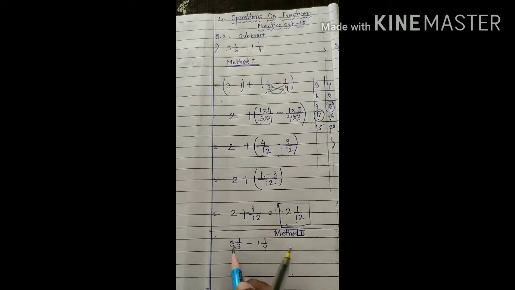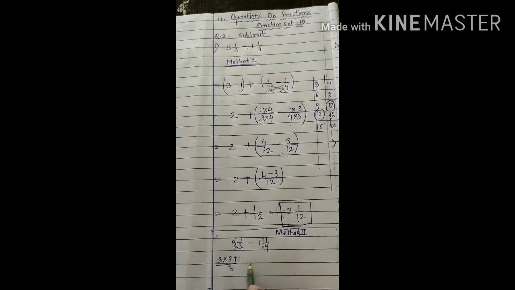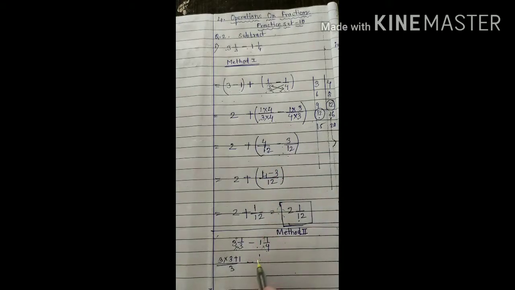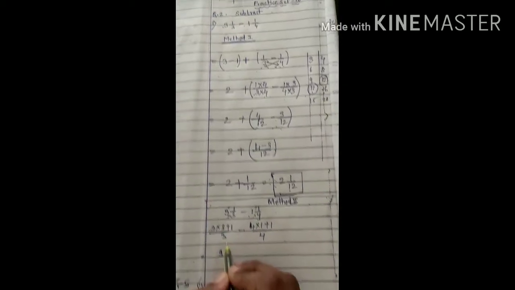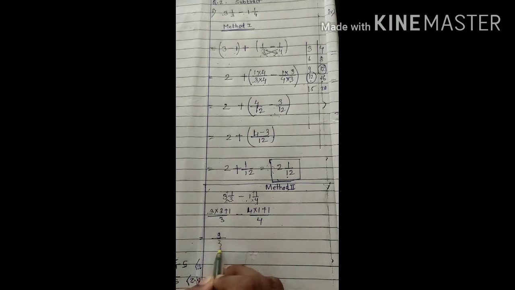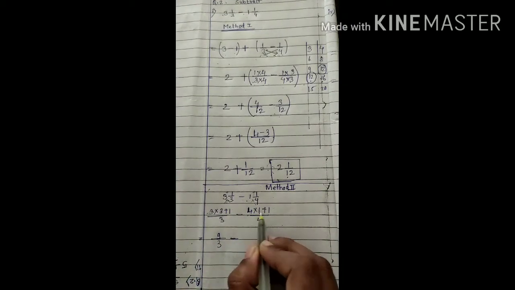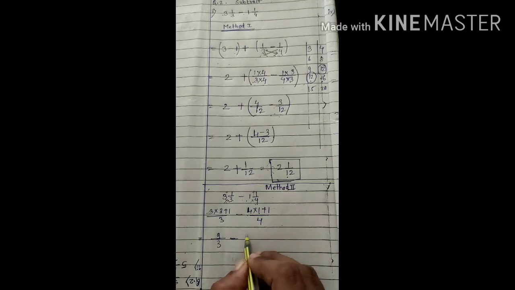So first multiply, then add. 3 into 3 plus 1 upon 3 minus 4 into 1 plus 1 upon 4. 3 3s are 9 plus 1 upon 3 minus 4 1s are 4 plus 1, that is 5 upon 4.